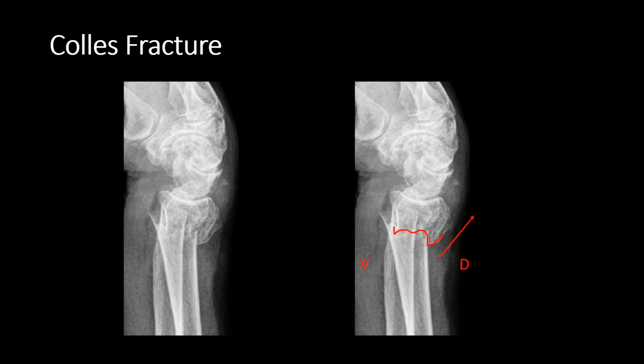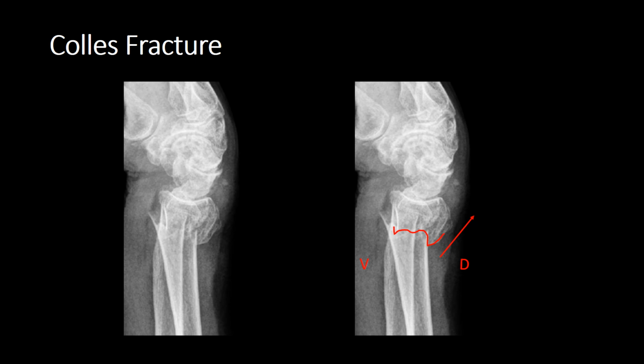So this can be quite helpful to assess your injury, because if you have a subtle fracture, you may only see a little bit of change in the radial volar tilt angle, which might help you to identify an underlying abnormality.